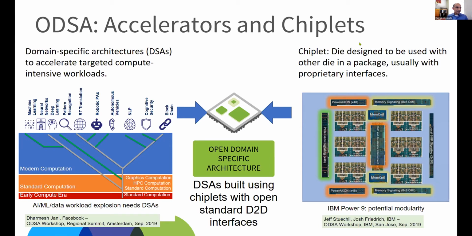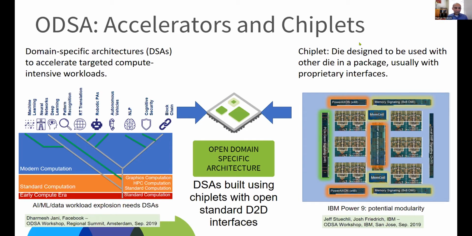This is a nice picture from Ramesh Jani at Facebook, which shows a whole range of workloads showing up in hyperscaler data centers. These workloads require really rapid silicon turnaround time, and chiplets are one way to meet that need.